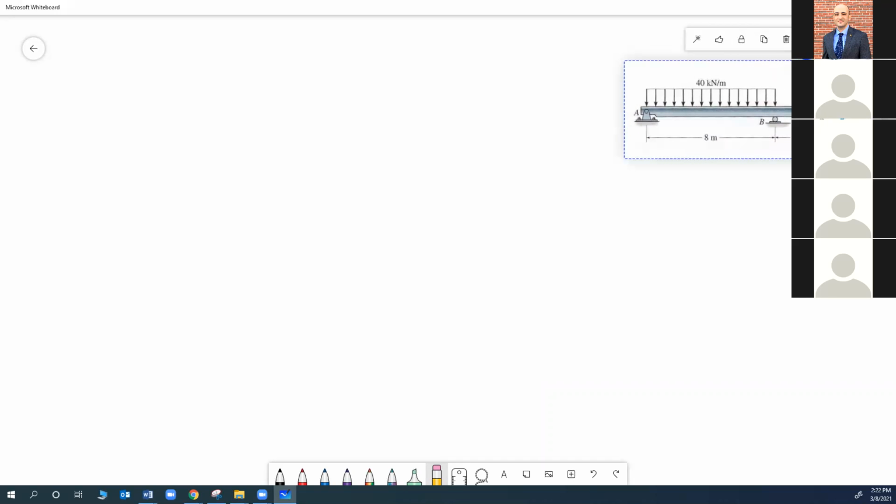Okay. So the first thing I do is get rid of that distributed load and replace it by a force, F1 at X bar 1. So you guys are kind of quick by now. F1 is the area under the loading, which is 40 kilonewtons per meter.